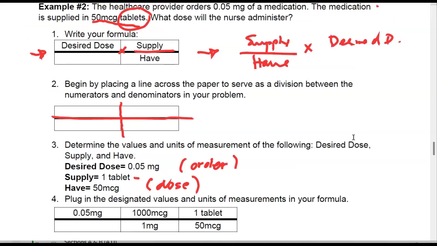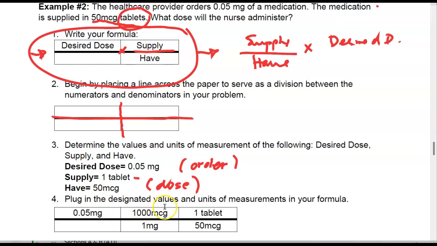So on the top part, we have the desired dose because that's what we wanted to do. For this one, we're going to use this. Again, whatever one you feel comfortable using, that's fine, but this is usually what I use. So I start with what I want. So the desired dose is 0.05. So we have it here. Now supply.